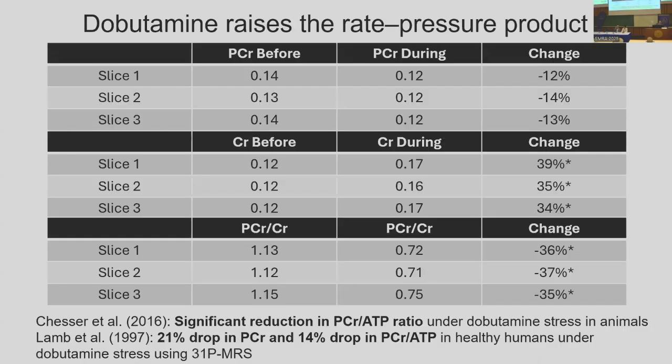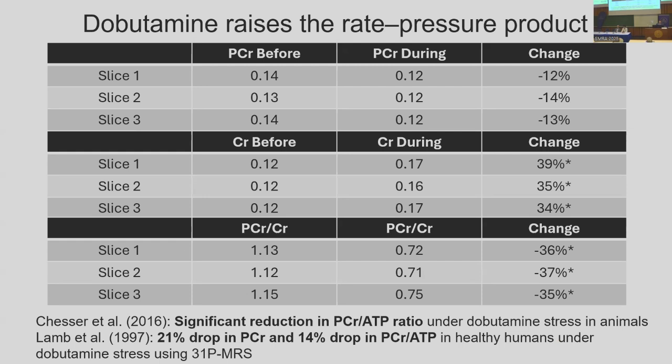So we did some initial study looking at the effect of dobutamine, which Vanessa talked about earlier. What is the impact of dobutamine and dipyridamole on the heart function, the heart pressure? When you have dobutamine, you increase the heart rate and the pressure product, so you need more oxygen, more energy to have the normal function.